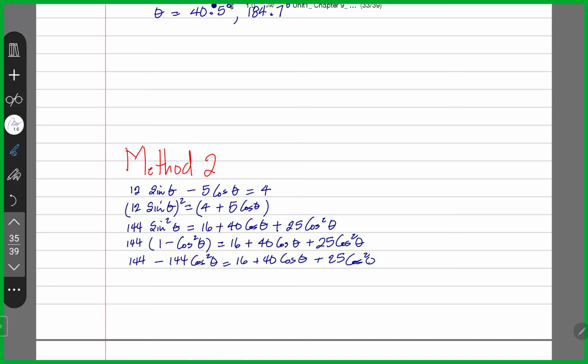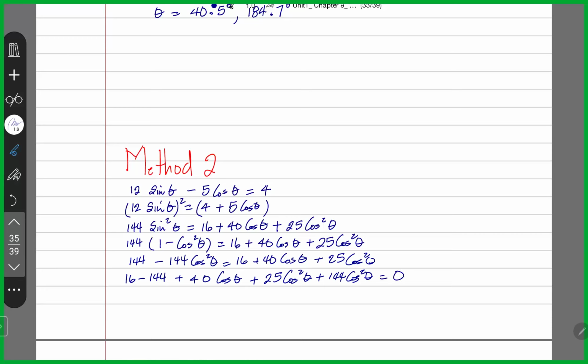So we're going to have 16 minus 144 plus 40 cos theta plus 25 cos squared theta plus 144 cos squared theta is equal to 0.